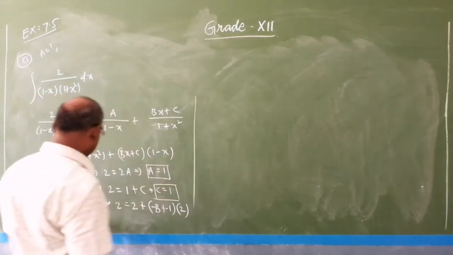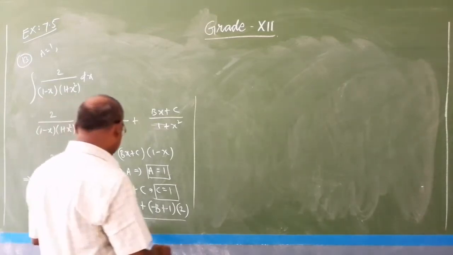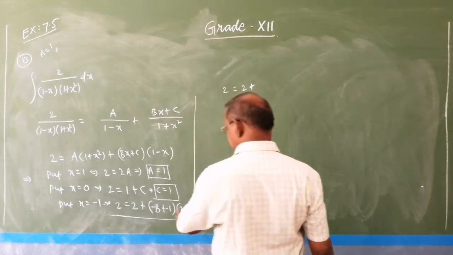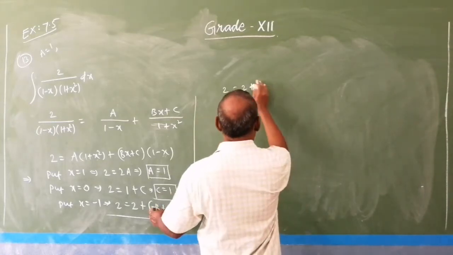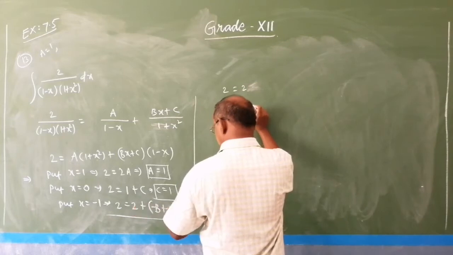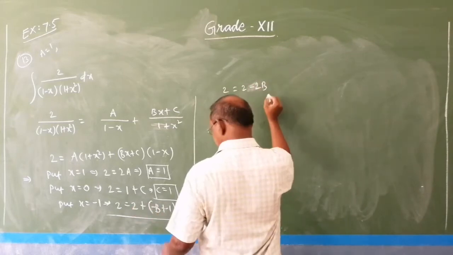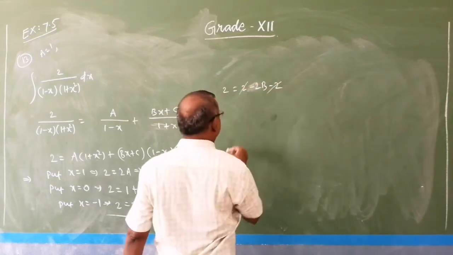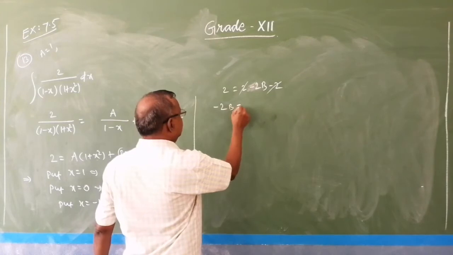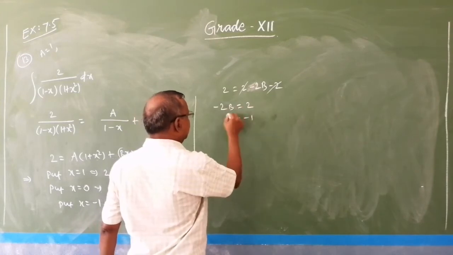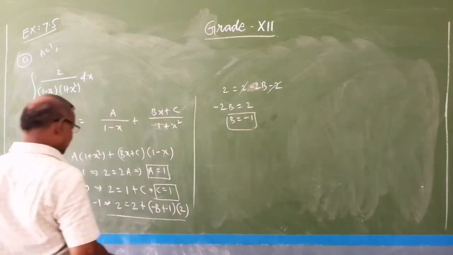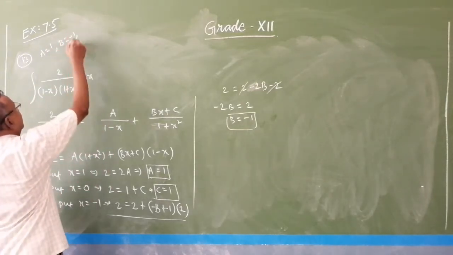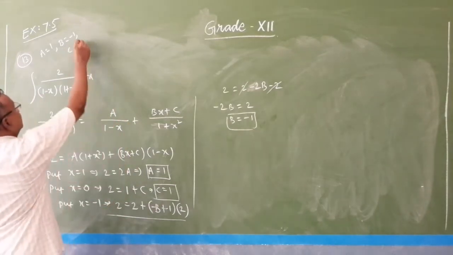So, 2 equal to 2 plus, multiplied with 2, minus 2B and minus 2 plus 2, minus 2 cancel. So, minus 2B equal to 2 means B equal to minus 1. So here we got A equal to 1, B equal to minus 1 and C equal to 1.